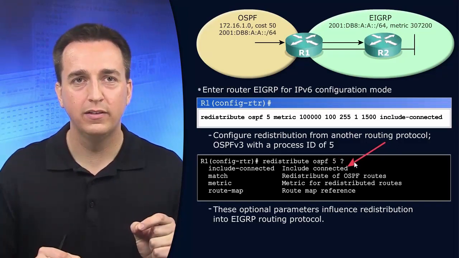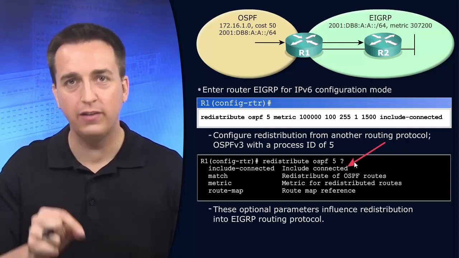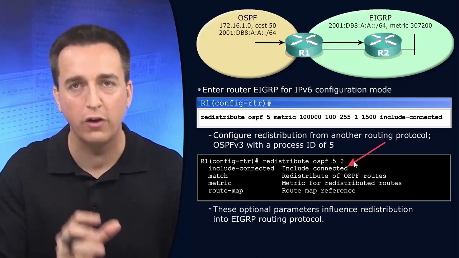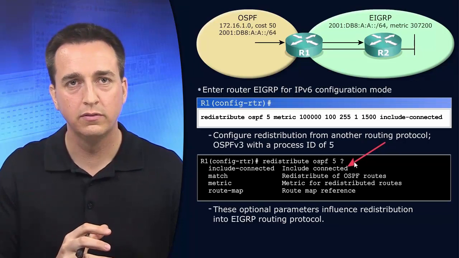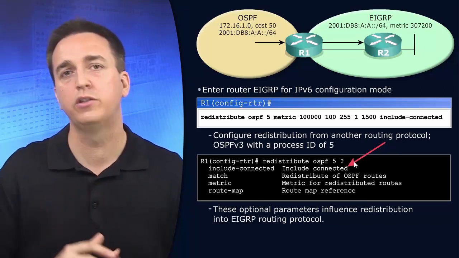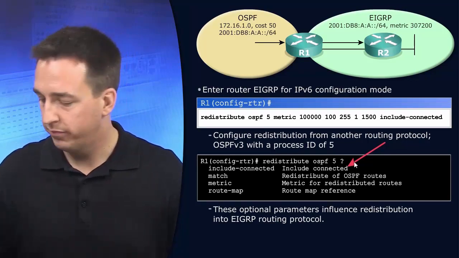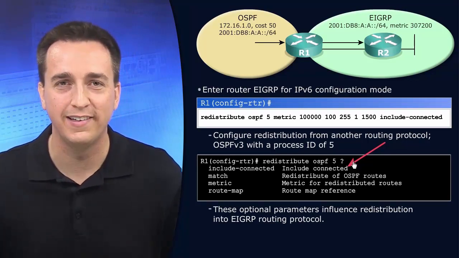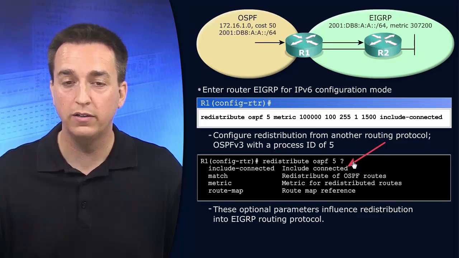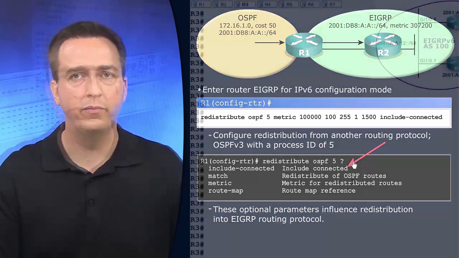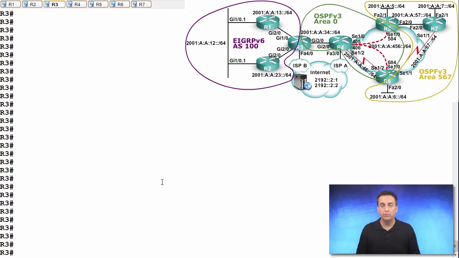That ensures that the directly connected interfaces of the router performing redistribution will be included in the redistribution process, but only if those interfaces are participating in that routing process. Because by default, it won't redistribute those. So let's look at an example of redistributing those OSPF v3 routes into our EIGRP for IPv6 autonomous system.